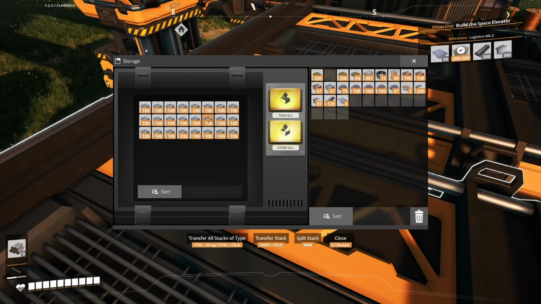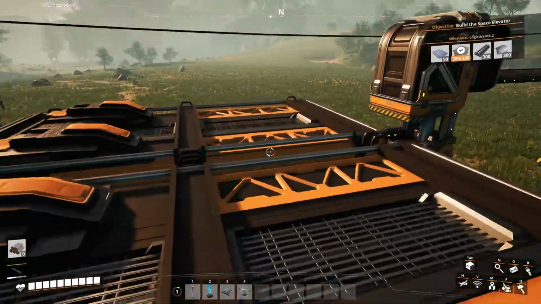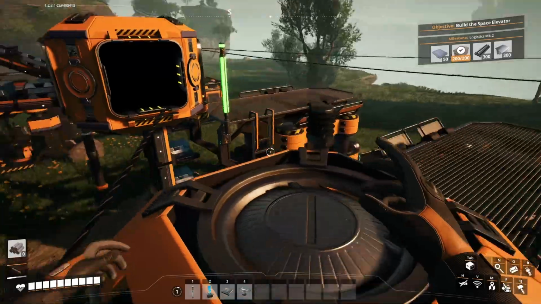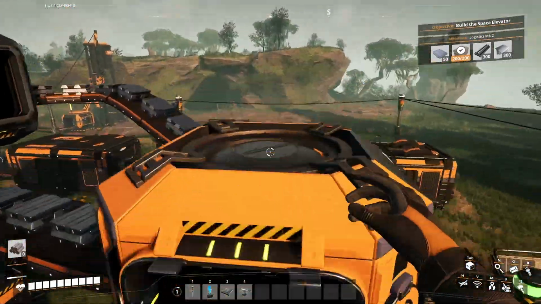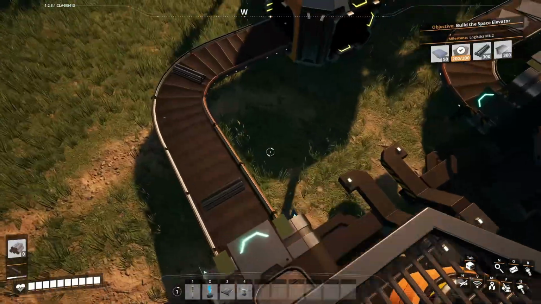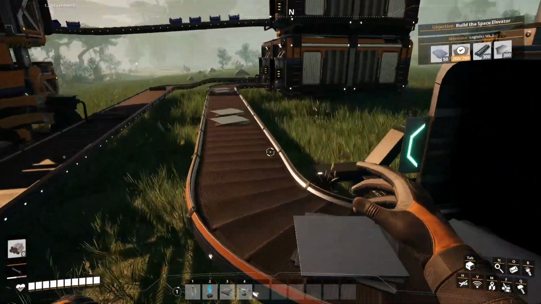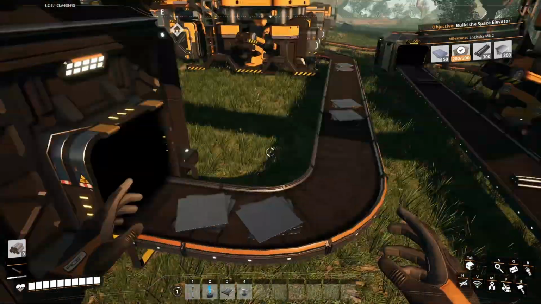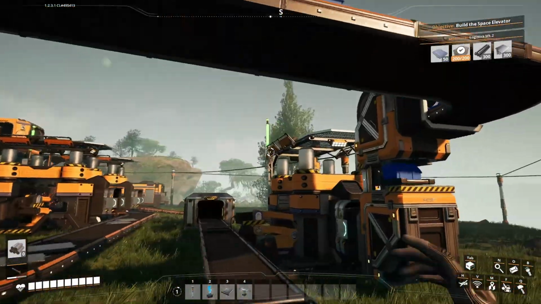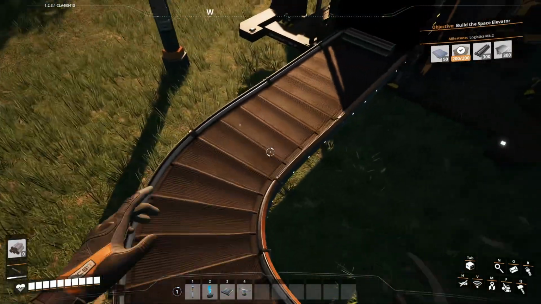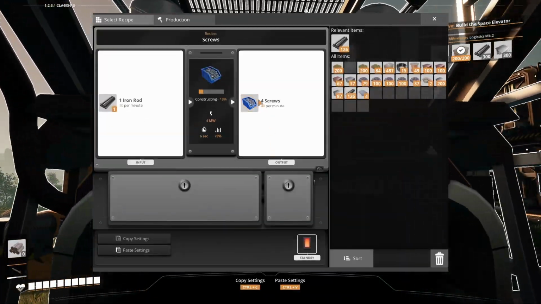We have so much stock built up that we do not have to worry about producing at different rates, like I thought we did. And then we have our iron sheets feeding into this silo, iron rods feeding into this silo, and then we have a splitter that is splitting off some of these iron rods to produce screws.